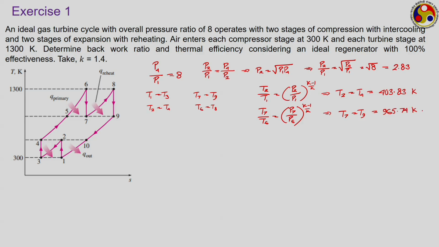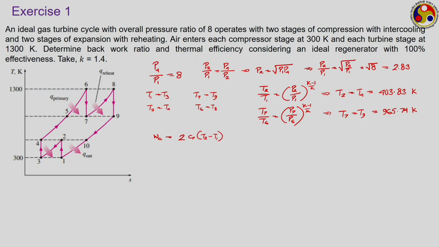So, how can you calculate the work outputs now? For the total work input requirement for the compressor, for each stage it should be equal to Cp into T2 minus T1 and should be equal for both stages.